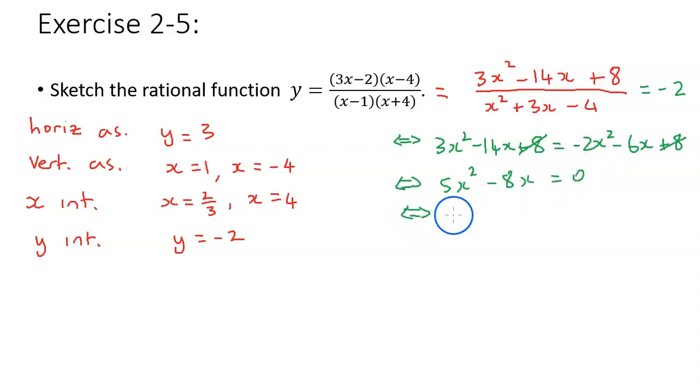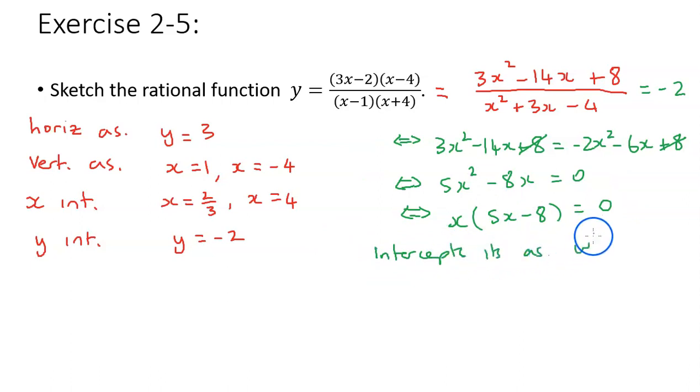So of course we can factor out x, and then 5x minus 8 equals 0. So it intercepts its asymptote when x is equal to 0 or x is equal to, sorry, not 5 over 8, I was thinking 8 over 5. So 1.6.